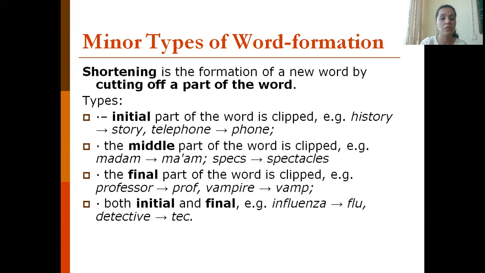The middle part of the word is clipped: madam, ma'am, species, spectacles, specs. The final part of the word is clipped: professor, prof, vampire, vamp. Both initial and final: influenza, flu, detective, tec.